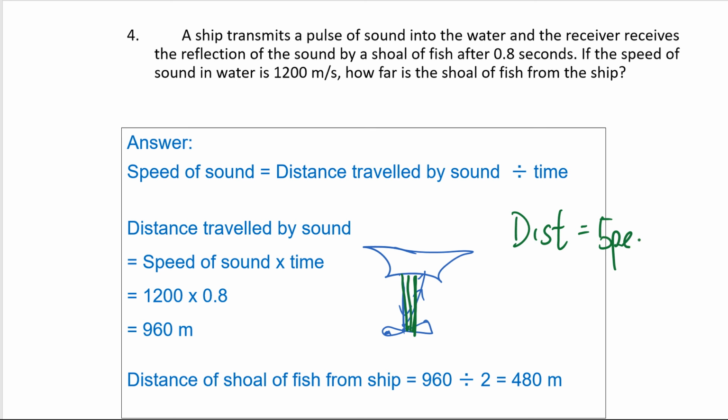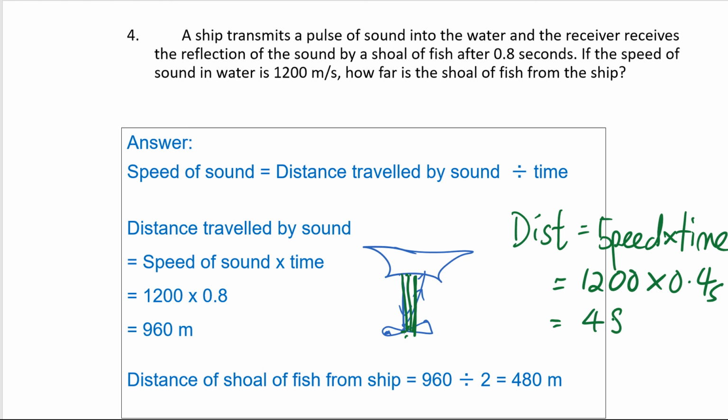I will still want to write down the formula: speed. So I could use 0.4 seconds. Why? Because 0.4 seconds is the time taken from the ship to the fish, and I want the distance from the ship to the fish. So you will get the same answer. Both methods are fine. Okay, take note of the units, please.